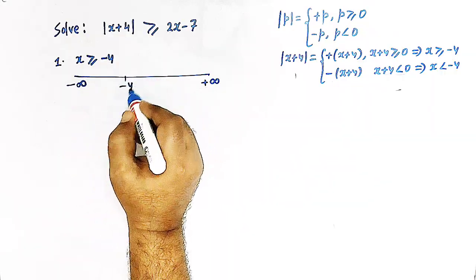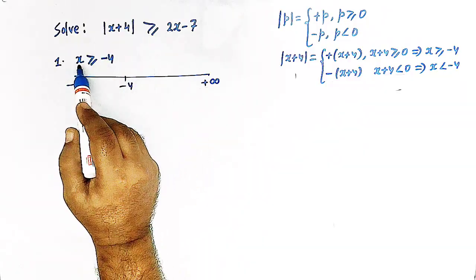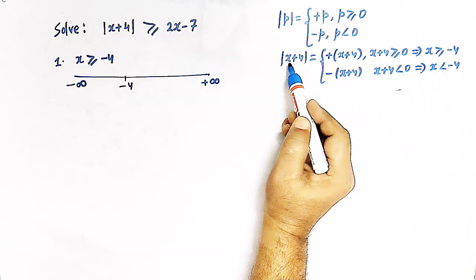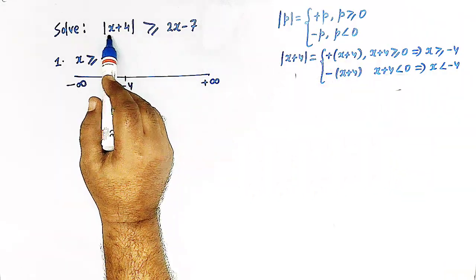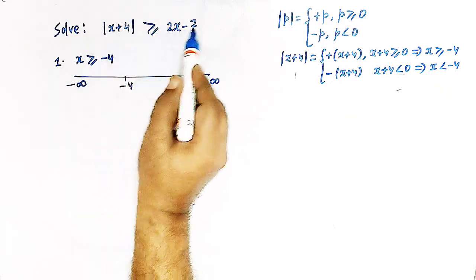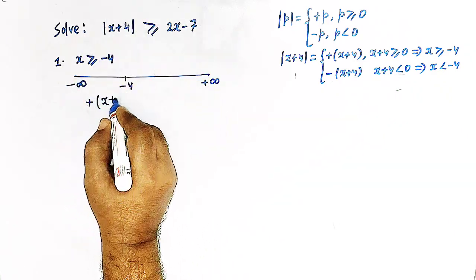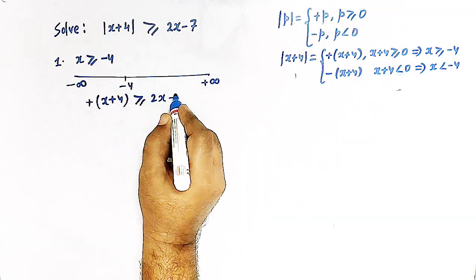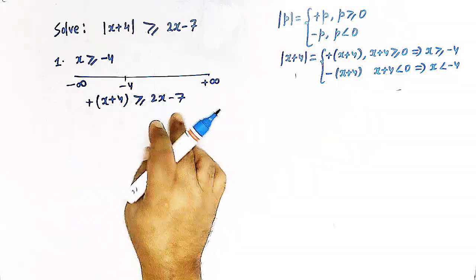So here minus 4 is also included, right? So when x is greater than or equal to minus 4, we can replace mod of x plus 4 by positive x plus 4 in this inequality. So now this inequality can be written as positive x plus 4 greater than or equal to 2x minus 7.